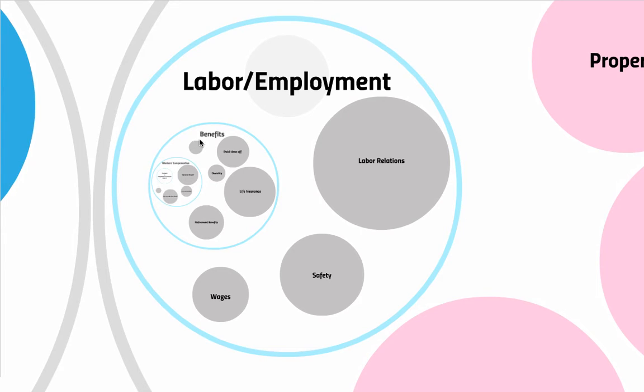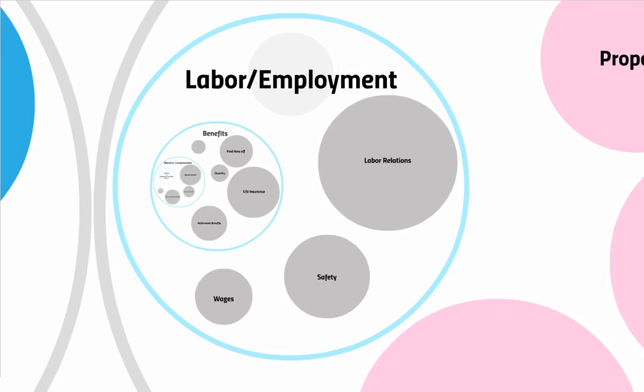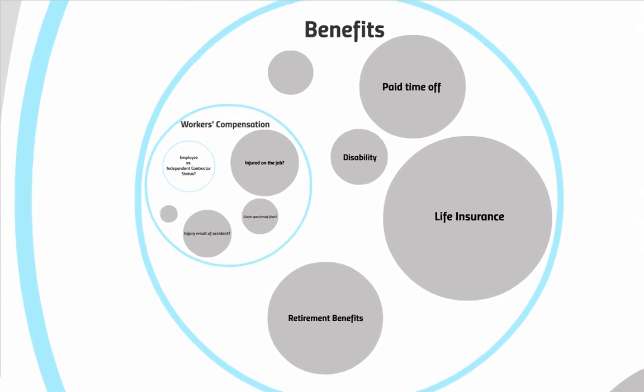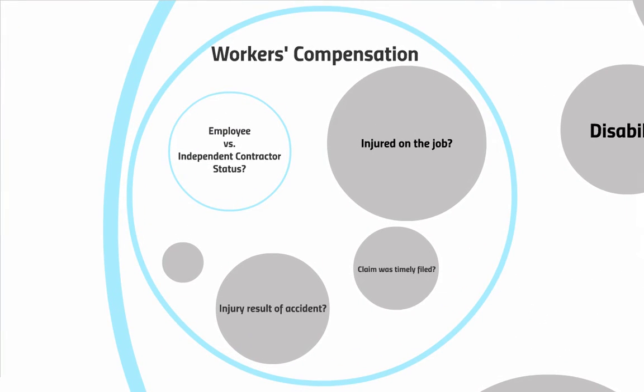But again, regarding Beth's claim, we need to explore benefits. And as we continue digging deeper into the law, we're able to see other subareas that could be potential issues. But for now, we're focusing on workers' comp in our hypothetical, which ultimately leads us to the issue we want to learn: employee versus independent contractor status.